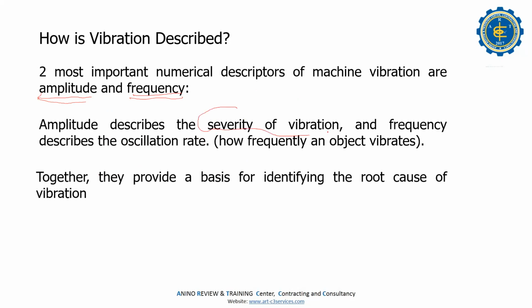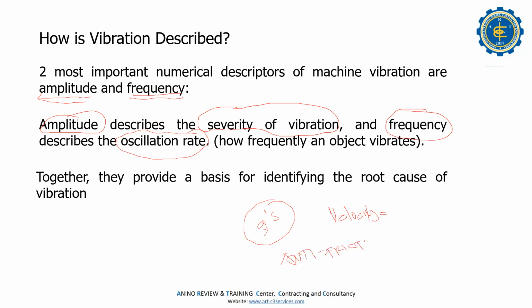And frequency describes the oscillation rate. So you use G's, right? Yeah, we use G's. In Saudi Arabia, we always use velocity, millimeter per second. We use G's if there is an anti-friction bearing problem.